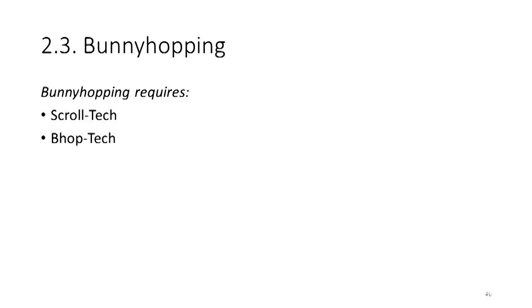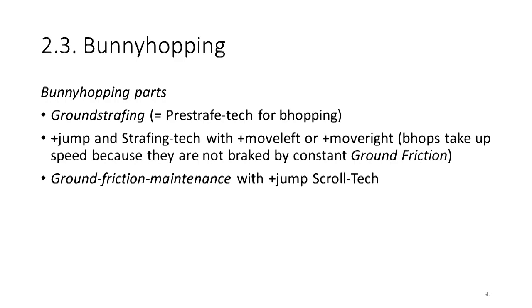This makes us now ready to control the speeds unleashed by escaping the constraints of ground friction when bunny hopping, because bunny hopping works no different than ground strafing when considering the buildup of speed. For limiting ground friction to a minimum, you need Strafe-Tech.